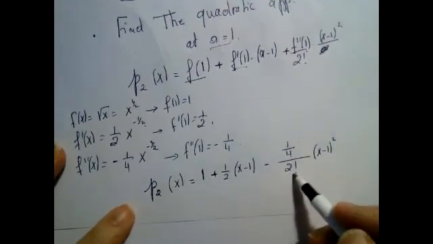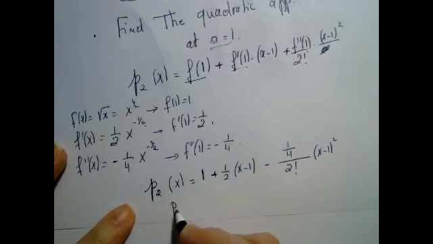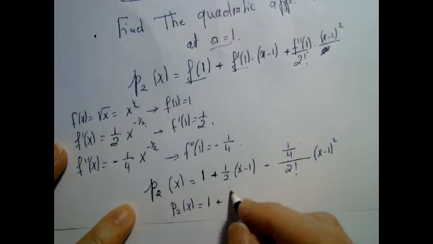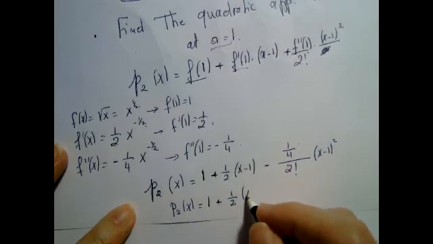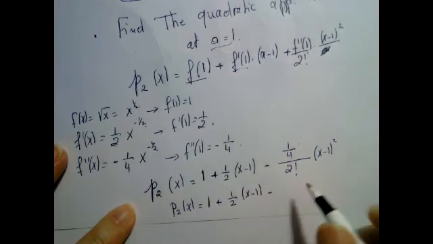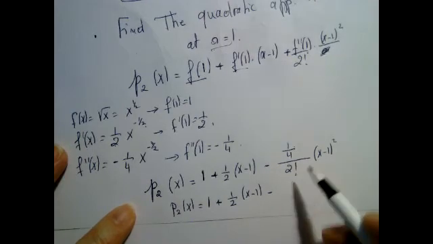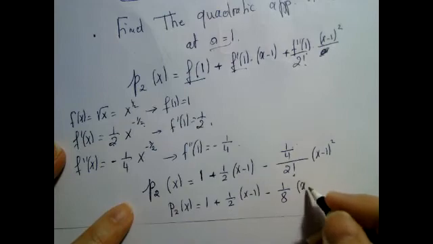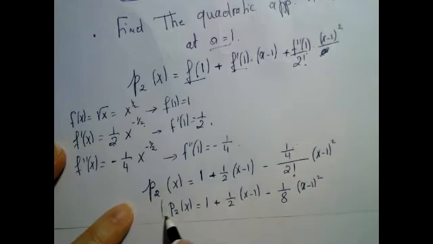So of course, nobody liked that. So the second degree Taylor polynomial is 1 plus a half times x minus 1 minus, if we use our properties of fractions, 1 over 8 times x minus 1 squared.